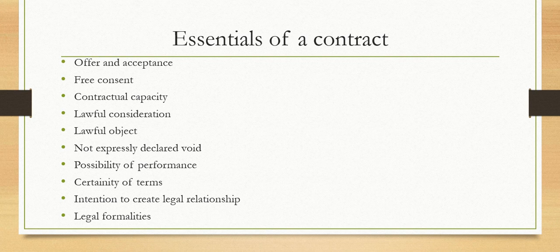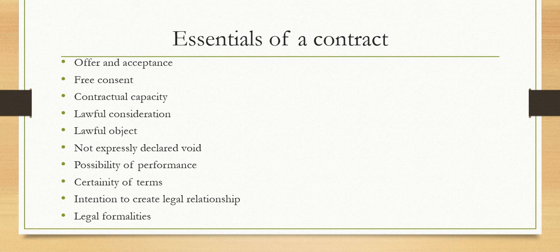So our second essential is free consent. An agreement, to be made enforceable, must always be of free consent. That is, the offerer and the offeree should be of the same mind without any kind of mistake, fraud, misrepresentation or influence.